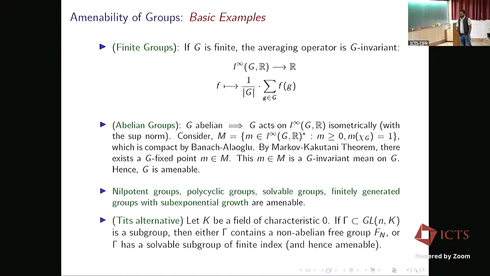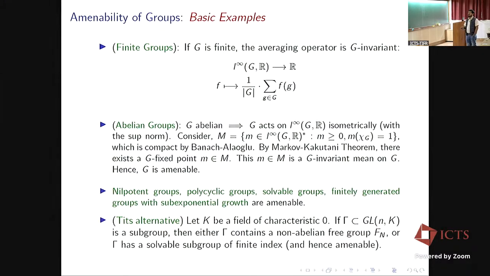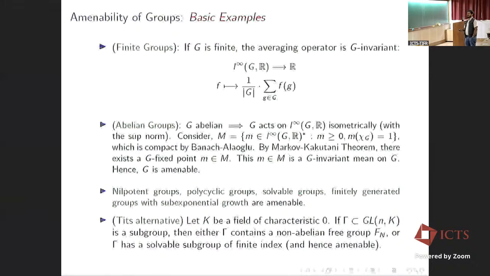And then by the Tits alternative, the subgroups in GL(n, K) either contain free groups or they are solvable. They have solvable subgroups of finite index, hence amenable. So either they contain free subgroups or they are amenable.